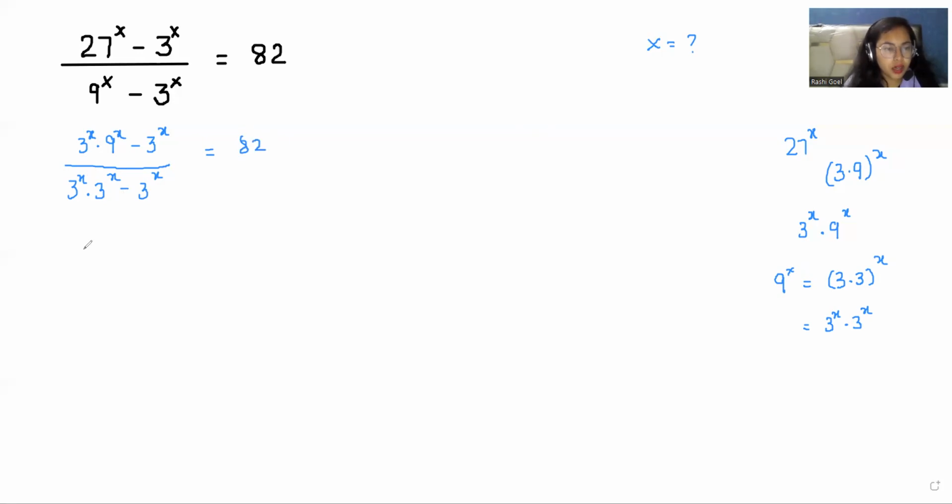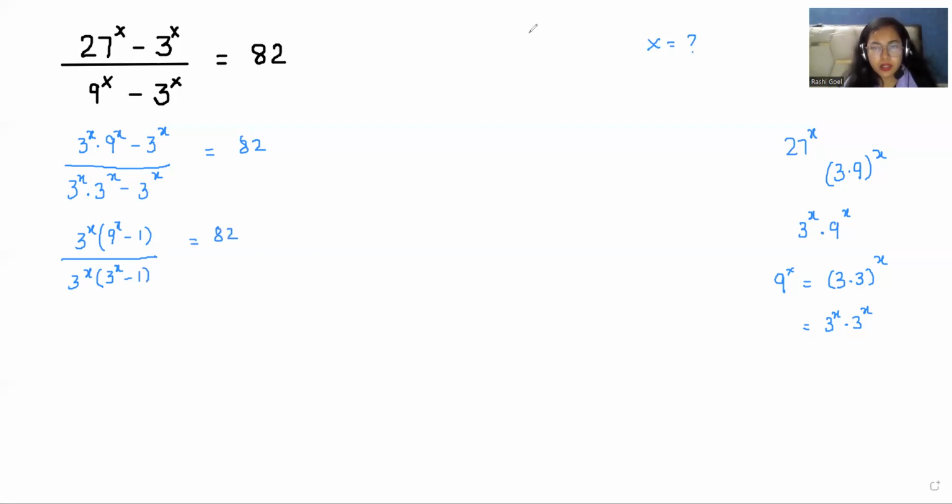In the numerator, I can take 3^x common. So what is left? 9^x minus 1. Over, I can take 3^x common again from the denominator. So what is left? 3^x minus 1 is equal to 82.